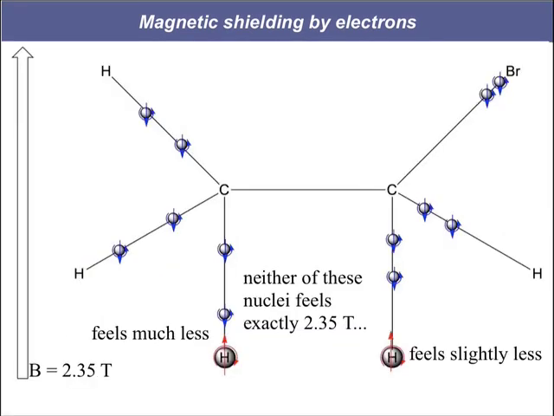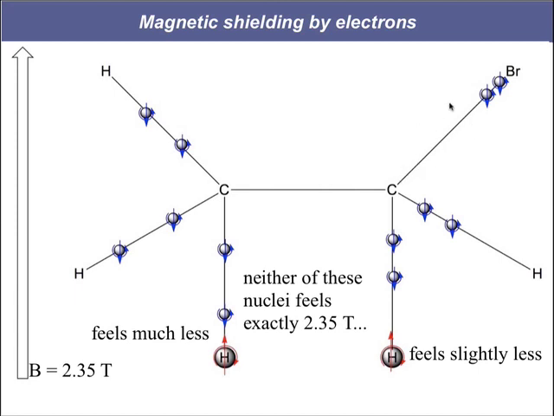To give you a visual description of this, here's a molecule that's 2 carbons. The carbon on the left has 3 hydrogens. The carbon on the right has 2 hydrogens and a bromine. So look at what the bromine does. Since the bromine is the most electronegative atom on our molecule, that's where all the electron density is going to sit.